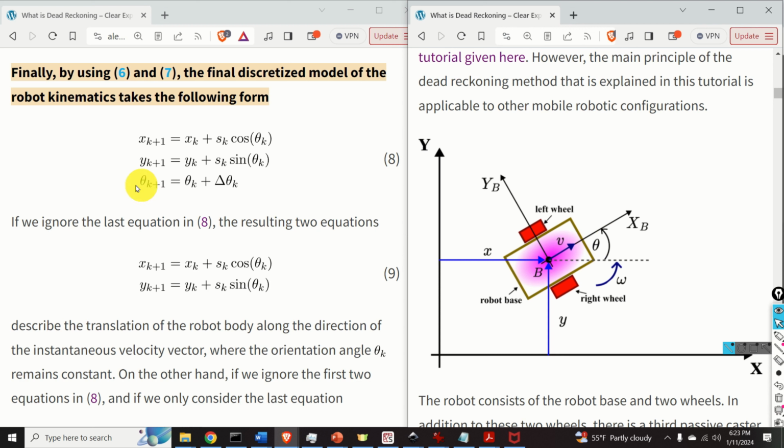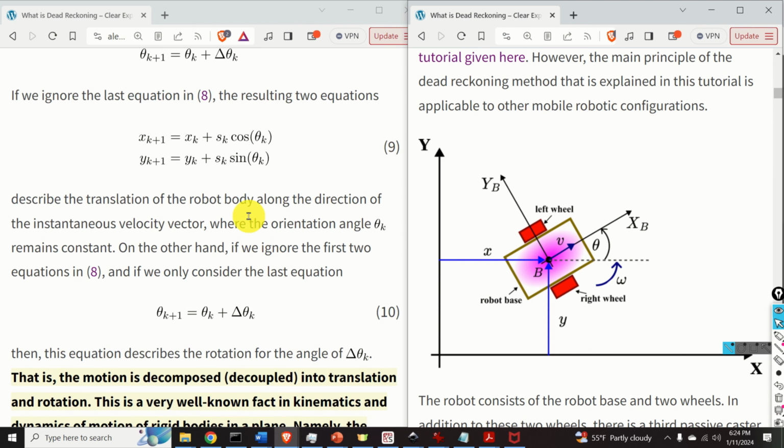If we ignore the last equation in our model, the resulting two equations have the following form. These equations describe the translation of the robot body along the direction of the instantaneous velocity vector. That is, they describe what happens from the current time instant to some next time instant, and the robot moves along the straight line.